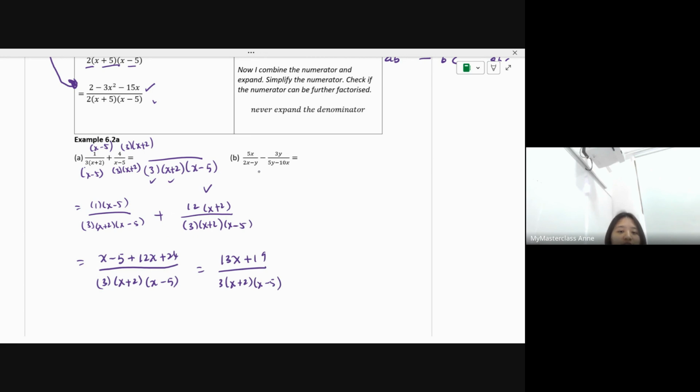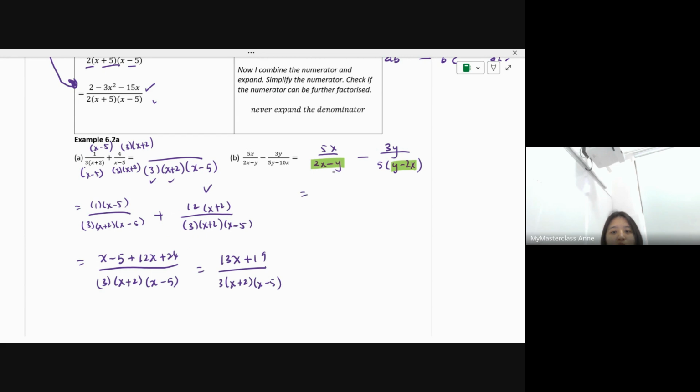Now we look at the next question. Same thing: 5x over 2x minus y, minus 3y over 5 times y minus 2x. The first step is always to see if there is anything you can factorize. Do you notice that 2x minus y and y minus 2x are just opposite?